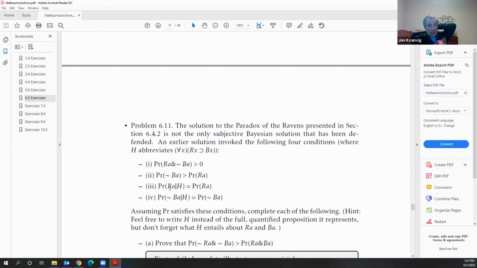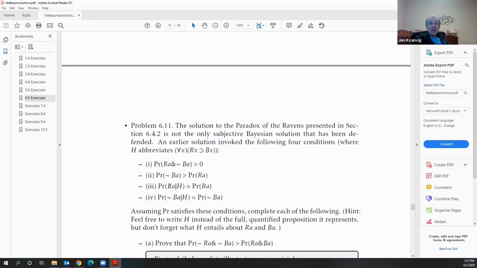So the probability of A's being a raven given H is equal to the probability of A's being a raven. H is the hypothesis that all ravens are black. And the probability of A's being non-black given the hypothesis is the same as the probability of A's being non-black.